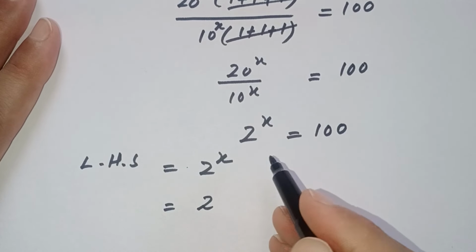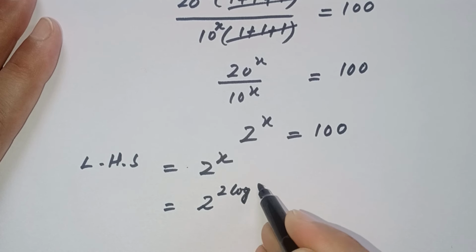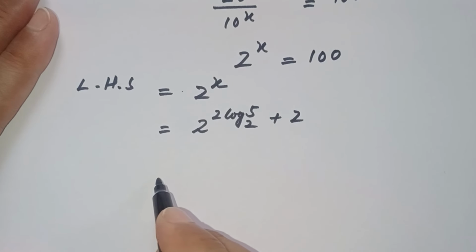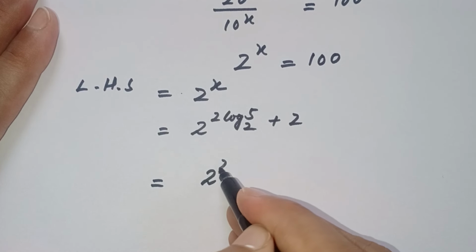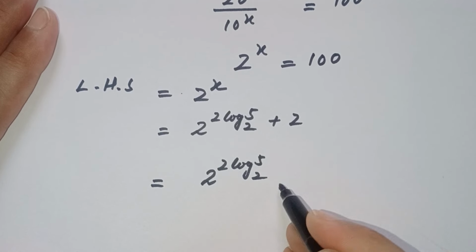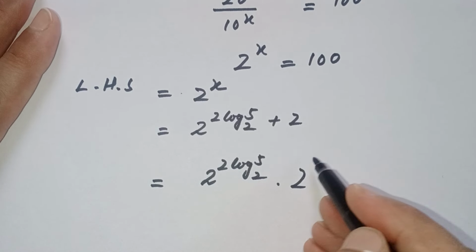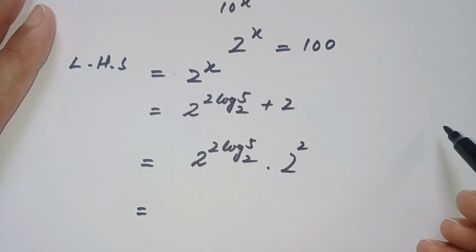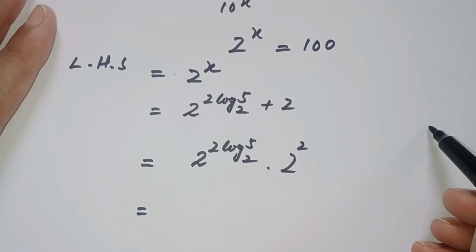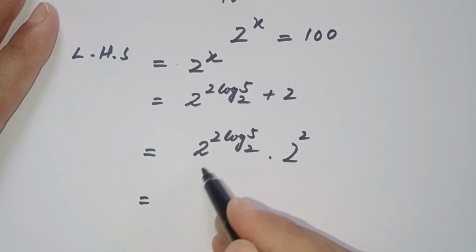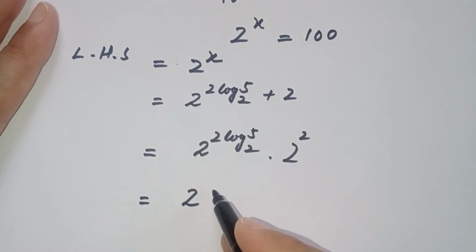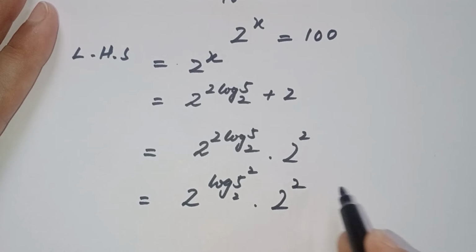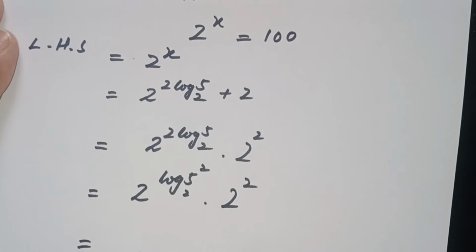We have 2 log 5 to the base 2 plus 2. So we can write it as 2 power (2 log 5 base 2) times 2 power 2, in the form of a product. In this step, this 2 will become the power of 5, so 2 power log 5 squared base 2 times 2 squared.